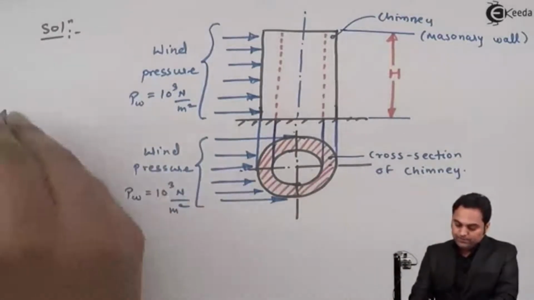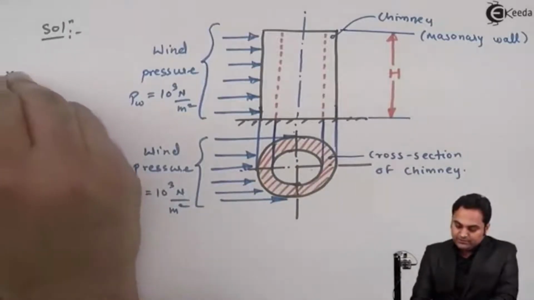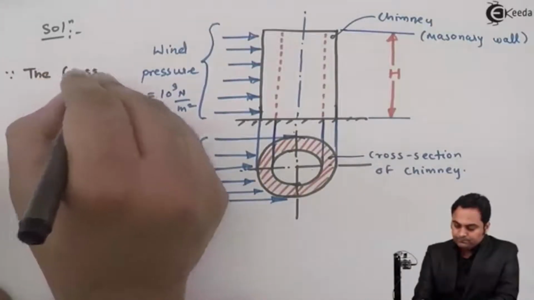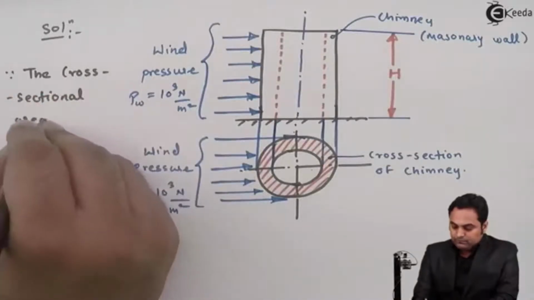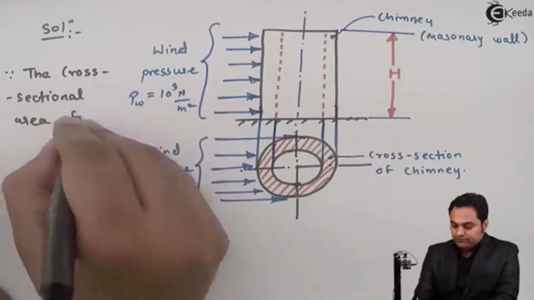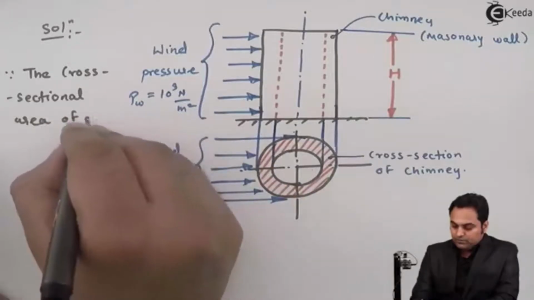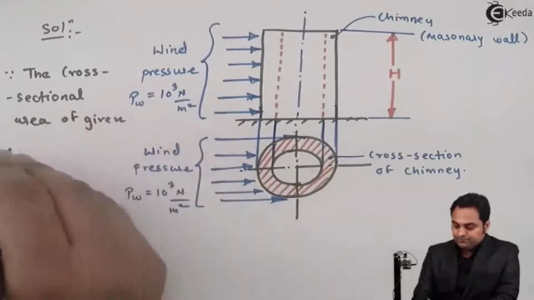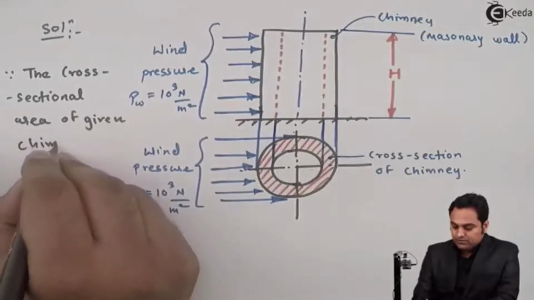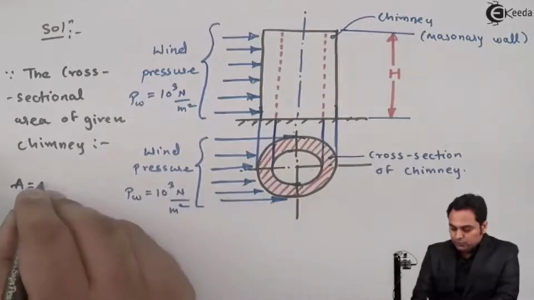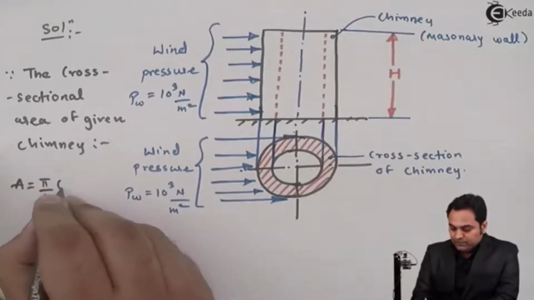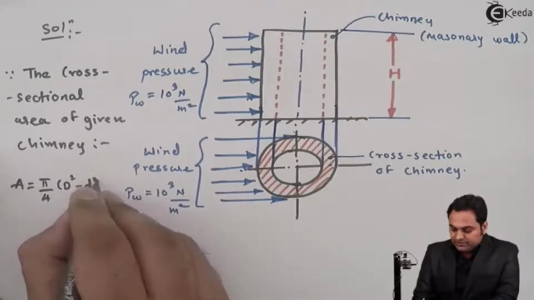So in the problem I'll start with, since the cross sectional area of the given chimney, it is capital A is equal to pi by 4 outer diameter square minus inner diameter square.